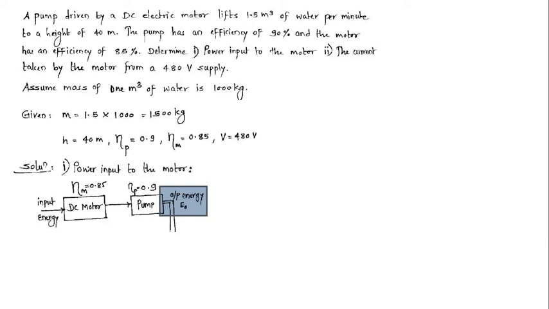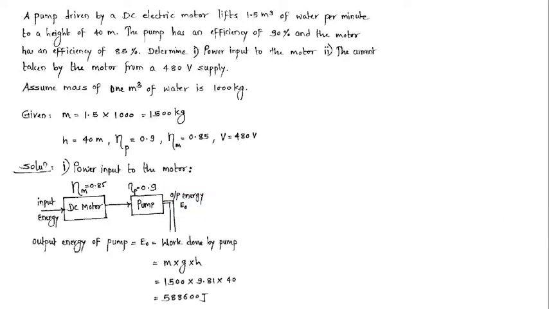If we understand this, we can now calculate output energy of the pump. As I said, output energy of the pump is work done by the pump, and work done by the pump is the energy that is stored by the lifted water by virtue of its position, that is, in the form of potential energy.